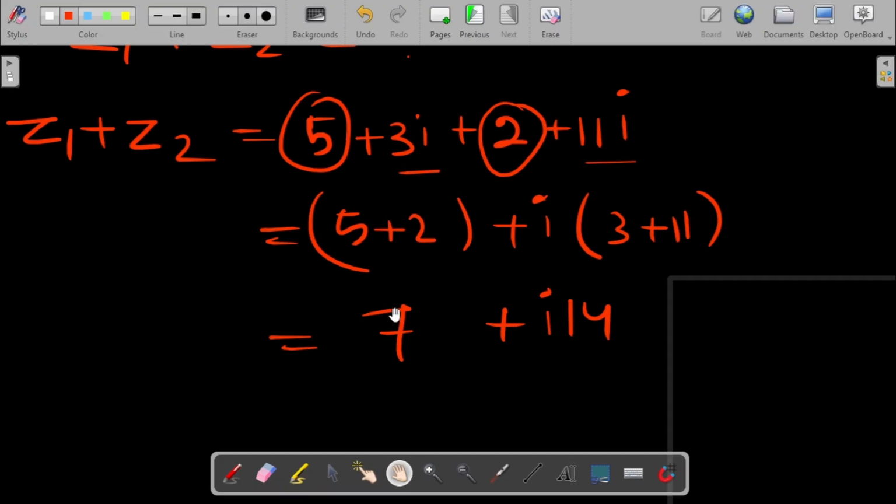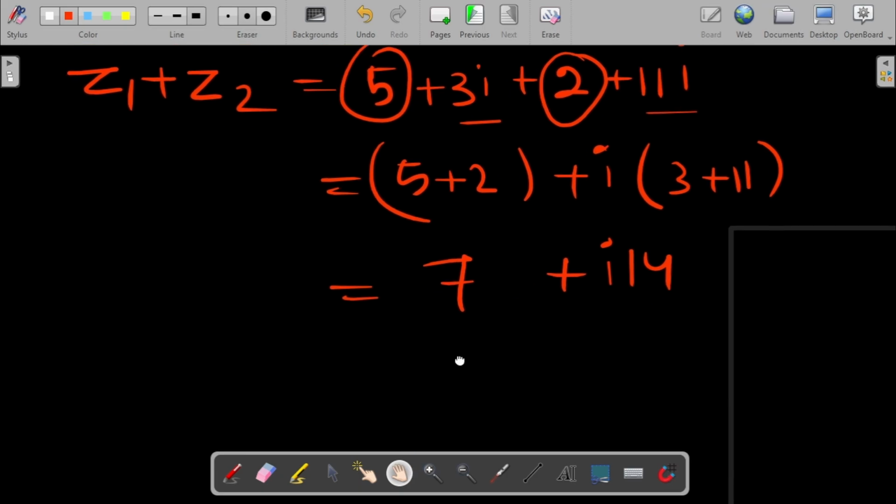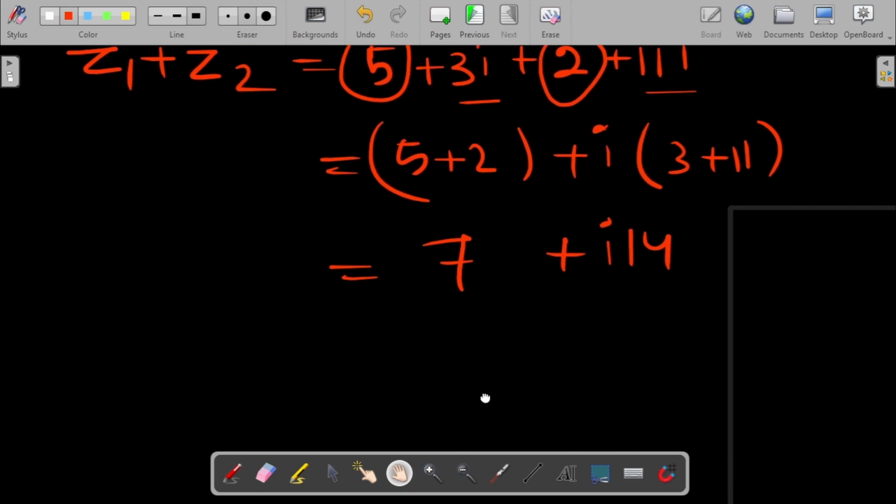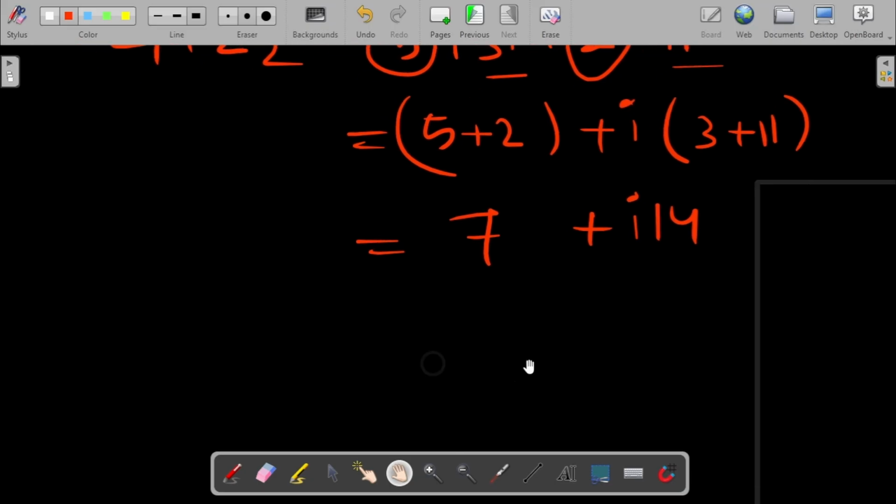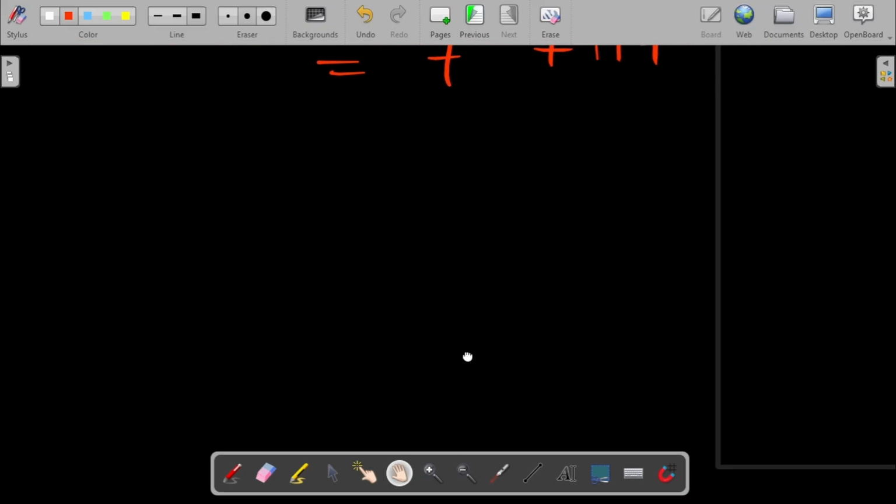And the addition of complex numbers satisfies the following properties. Next, I'll discuss some properties that addition of complex numbers satisfies. Already we know that real numbers satisfy the closure property, commutative property, there exists an identity, and there exists an inverse.